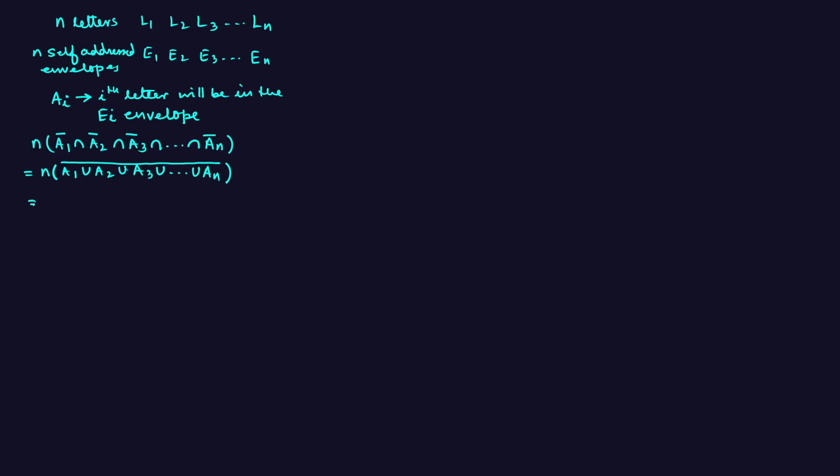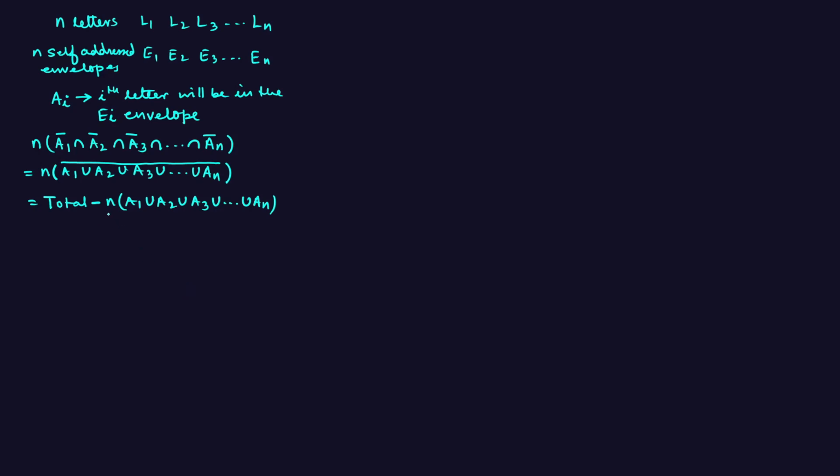So this can be written as total minus n of (A1 union A2 union A3 union ... union An).